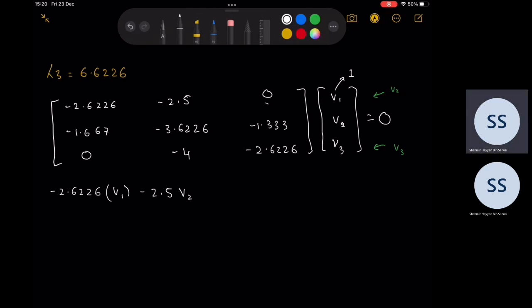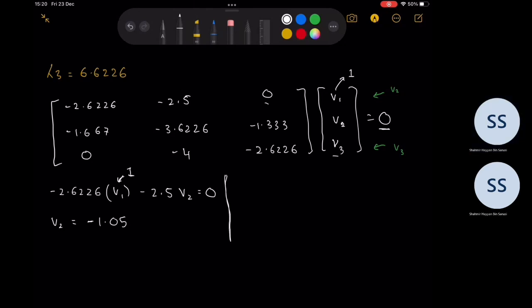We don't need to write V3 because 0 V3 is 0, so why waste our time? And this equals 0. Since V1 is 1, we can get the V2 value straight away, whereby V2 is negative 1.05.